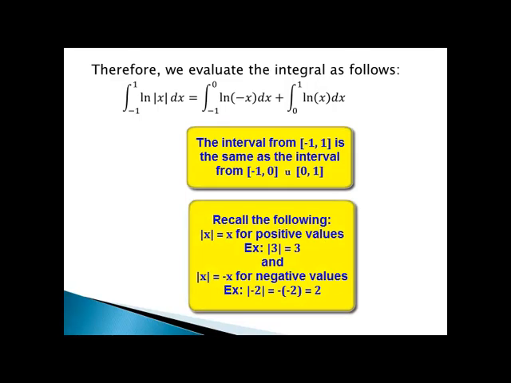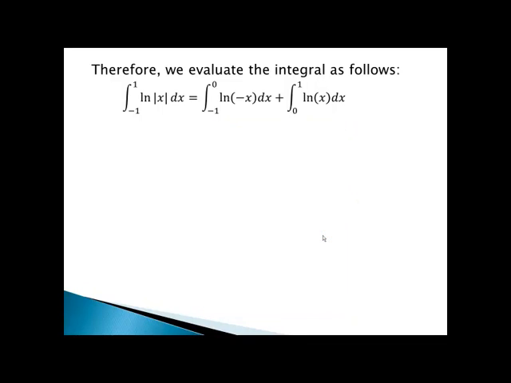We'll rewrite as the integral from negative 1 to 0 of the natural log of the opposite of x plus the integral from 0 to 1 of the natural log of x. The reason for the change in the argument of x: for negative values of x, we'll recall that the absolute value is equal to the opposite of x. And for positive values of x, the absolute value of x is just equal to x.